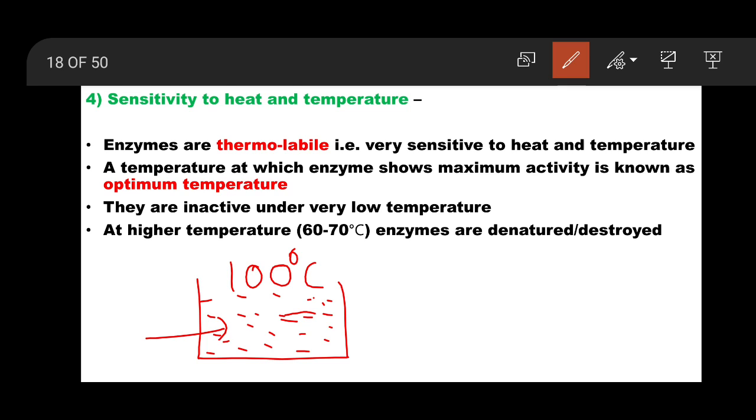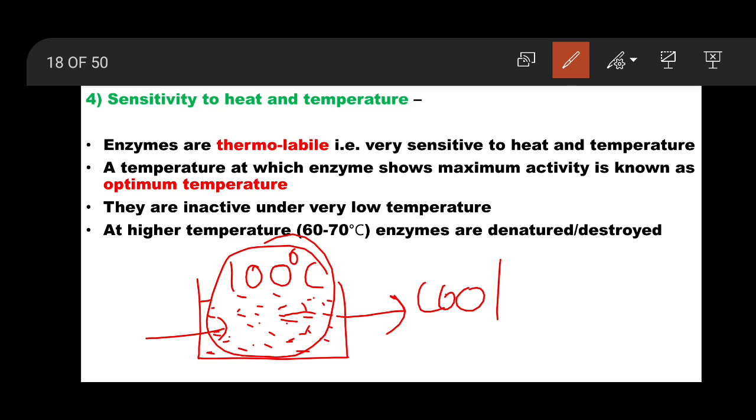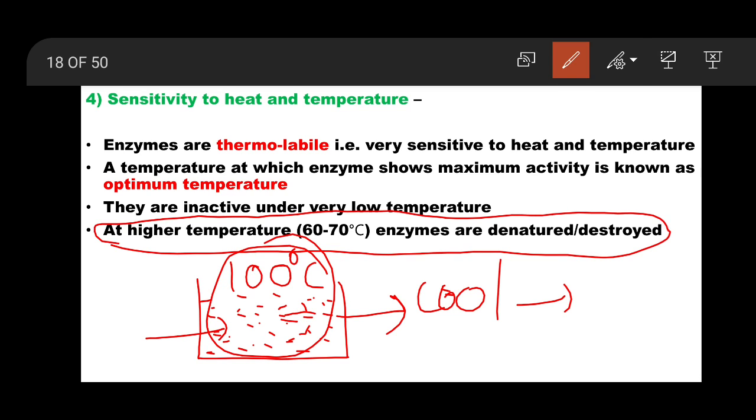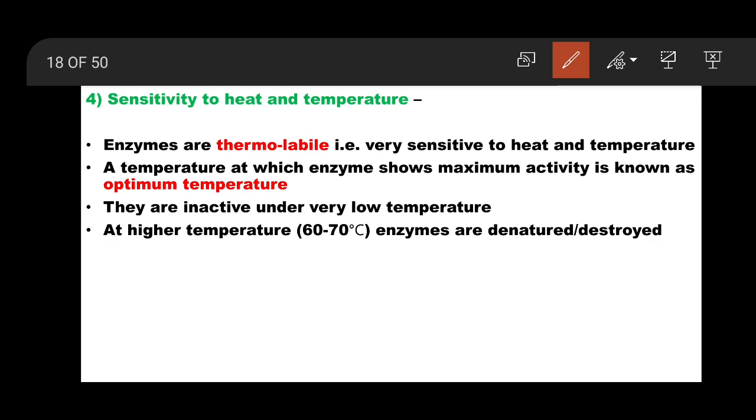At that time, bacterial enzymes, viral enzymes, any type of pathogenic enzymes present will be destroyed from this water, and you will cool it again to normal temperature and drink that water. So here is the reason why the doctor suggests drinking boiled and cooled water.